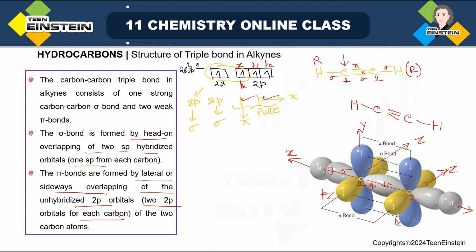That means Py, Pz from one carbon and Py, Pz from another carbon. So in this way, 2 pi bonds will be formed. So this is the structure of the triple bond in alkynes that we have studied using the simplest molecule, the first member of alkynes, HC triple bond CH, acetylene.